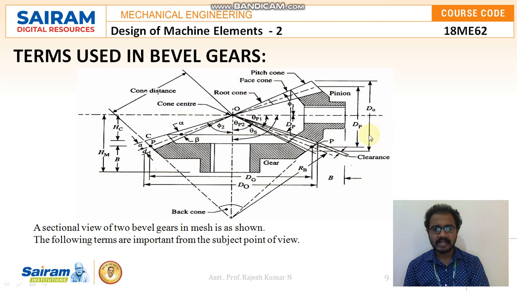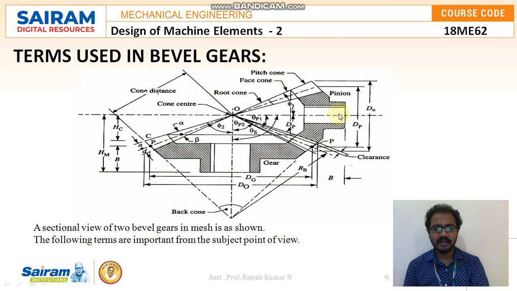Now moving to the next important terminologies, we have Do and Dp, and it is applicable here also. Here I will denote the first gear as the pinion and the second bevel gear as the gear, to differentiate gear 1 and gear 2.